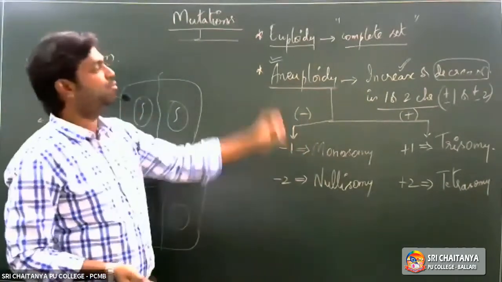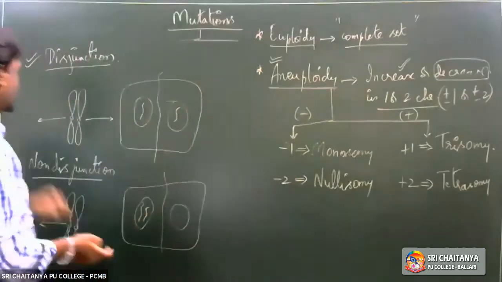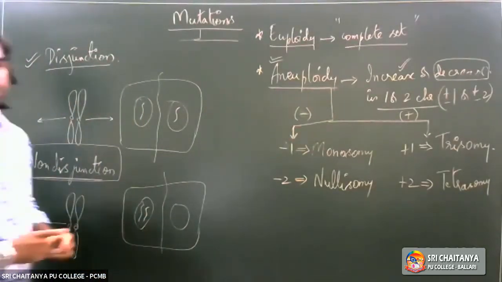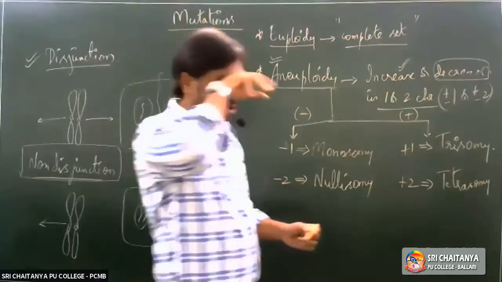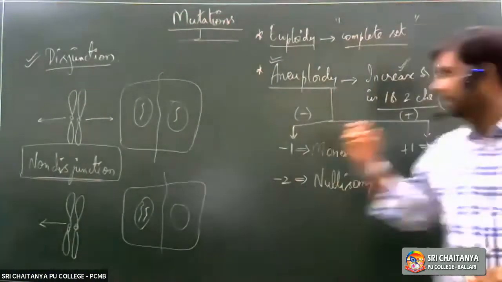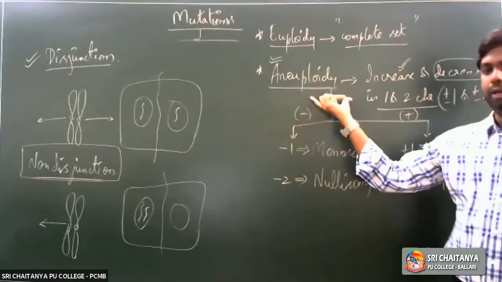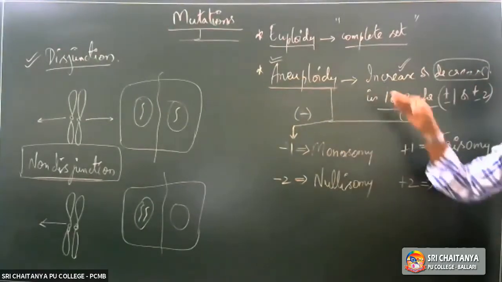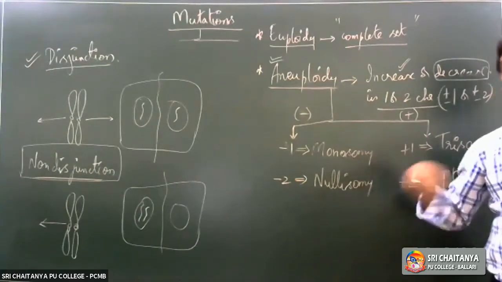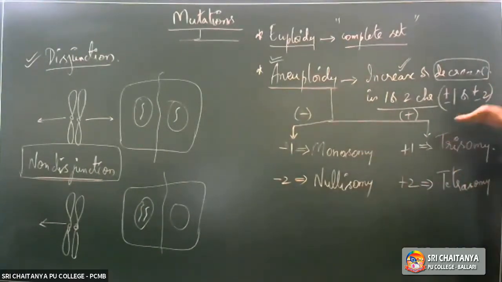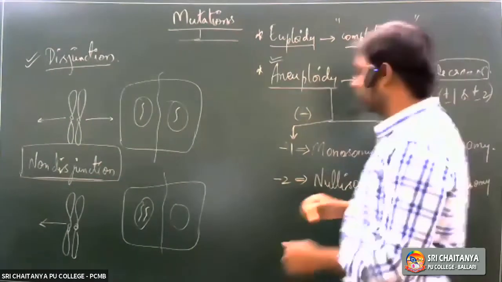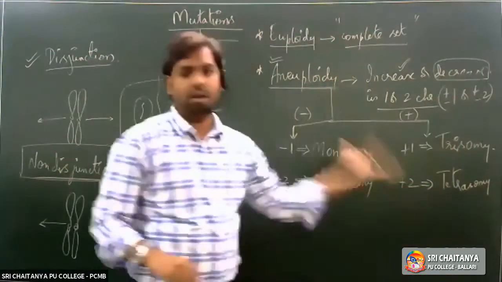So the reason for aneuploidy is this process called non-disjunction of chromosomes. Non-disjunction of chromosomes would lead to conditions such as aneuploidy. Either it would lead to a decrease in the number of chromosomes, leading to monosomy or nullisomy, or it would lead to an increase in the chromosome number, leading to either trisomy or tetrasomy.